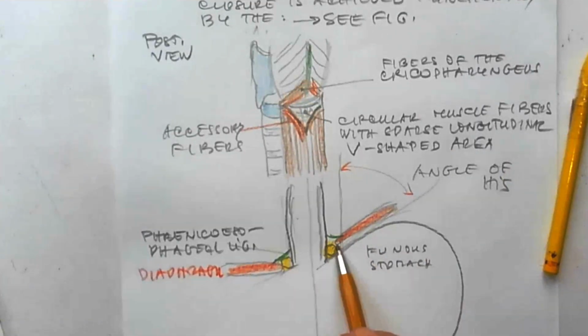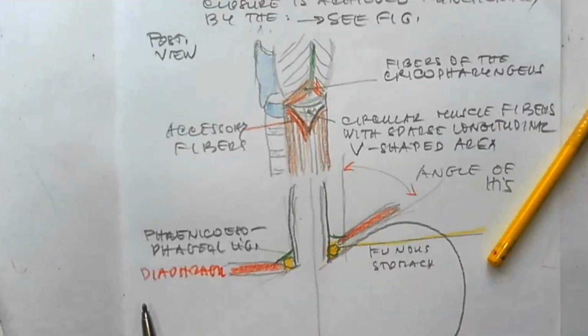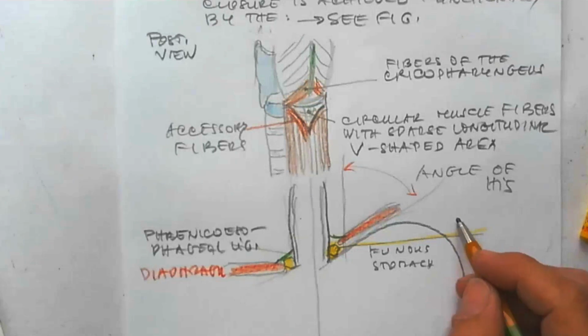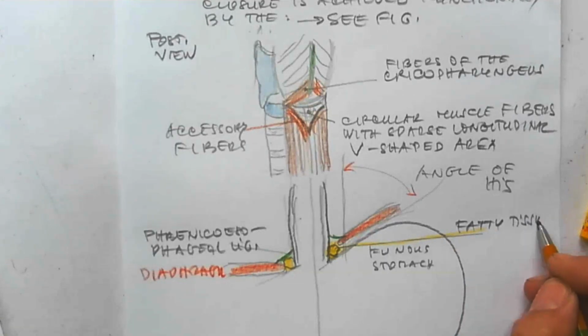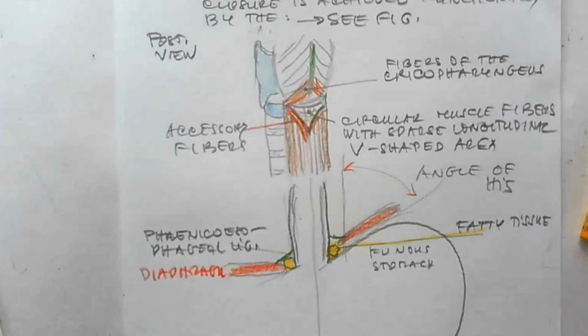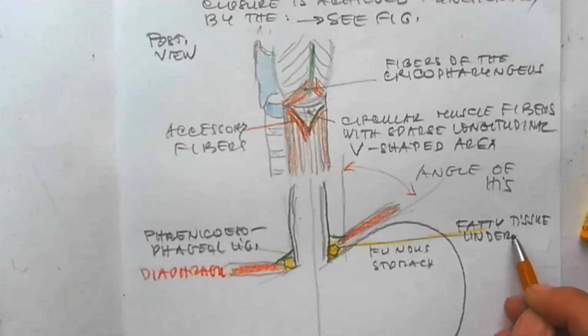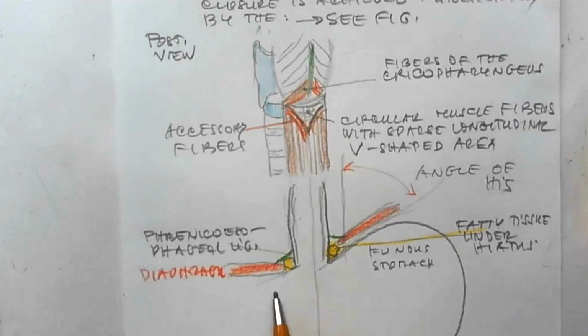It is called fatty tissue, which lies under the hiatus, or under the esophageal hiatus, correct.